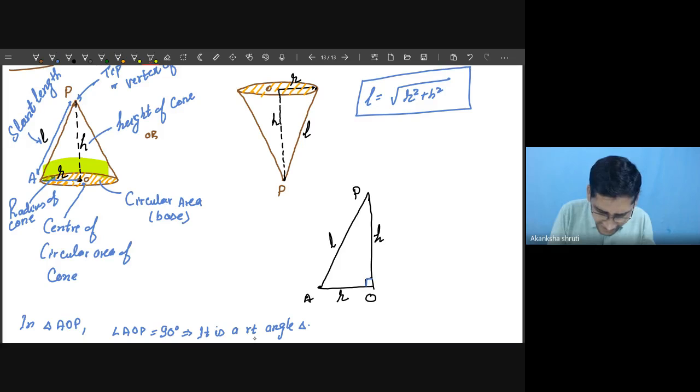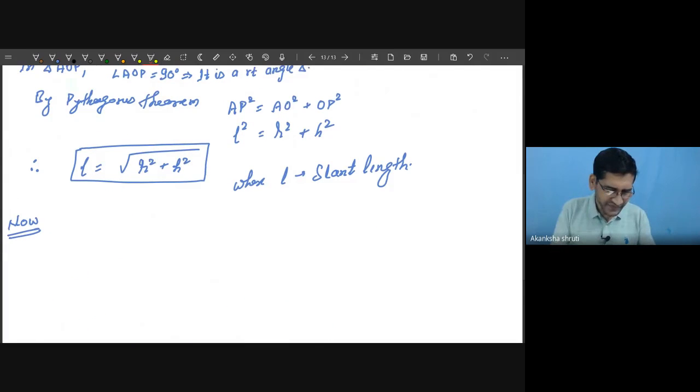This yellow one gives you the area for the lateral surface or curved surface. And this circular one is obtained by pi r square. So the lateral surface area is the yellow area in this figure.